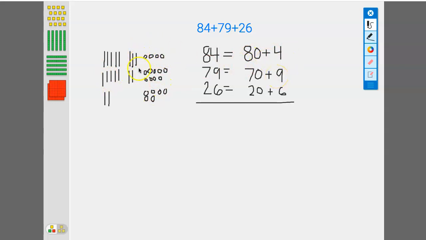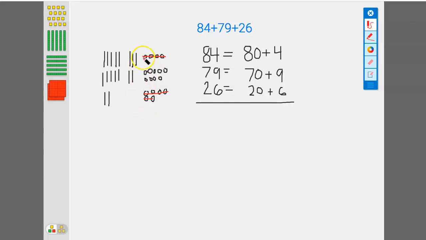Okay, so now we have our quick tens and ones, and we have it in expanded form. So now let's take a look at our ones. We have 4, 9, and 6. I'm going to put this in red. 4 and 6, that makes 10, right? 1, 2, 3, 4, 5, 6, 7, 8, 9, 10.